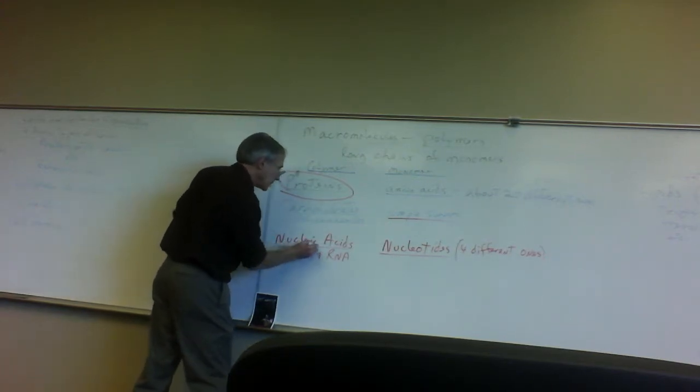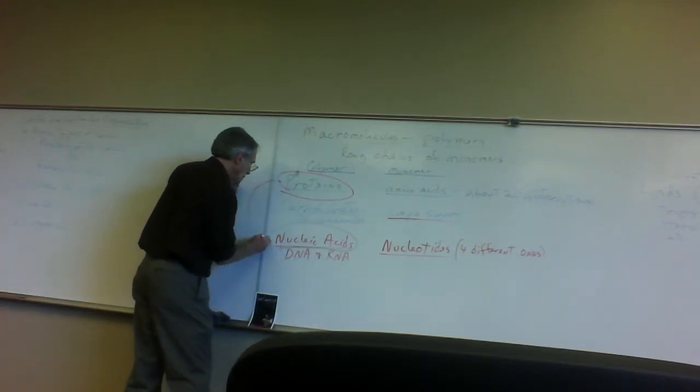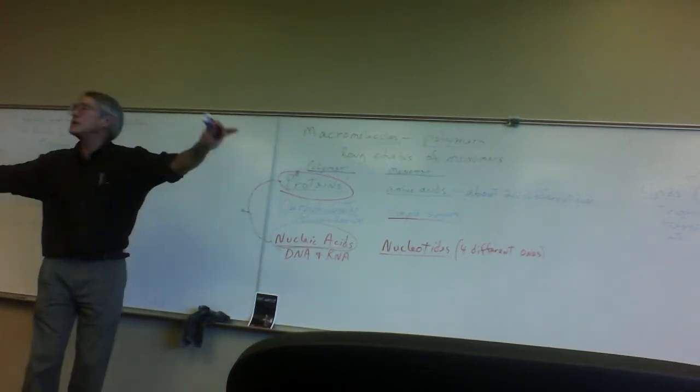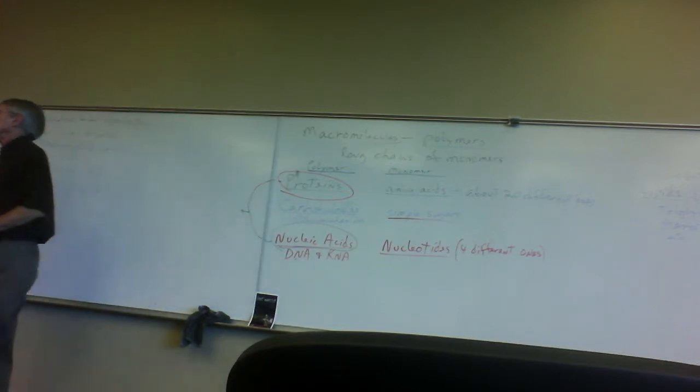Now, when I say this, I've got to be careful because you're going to say, "Oh, wait a minute, aren't carbohydrates and lipids important?" Yes, they're all important. I'm not trying to downplay the importance of the others, but there's something very important about proteins and nucleic acids that I want to mention without getting into details today. In terms of function of the cell, nucleic acids are informational.